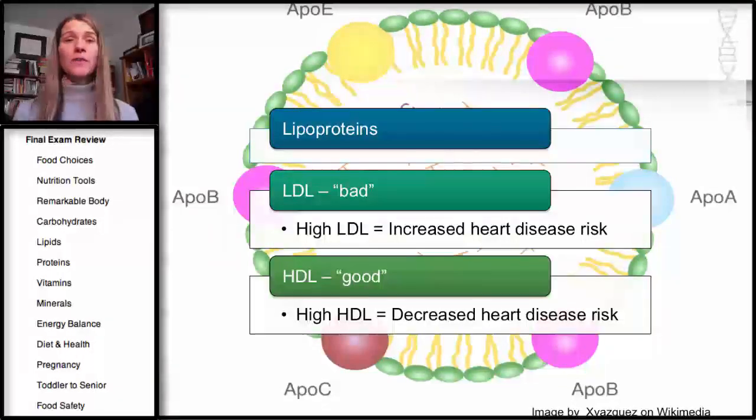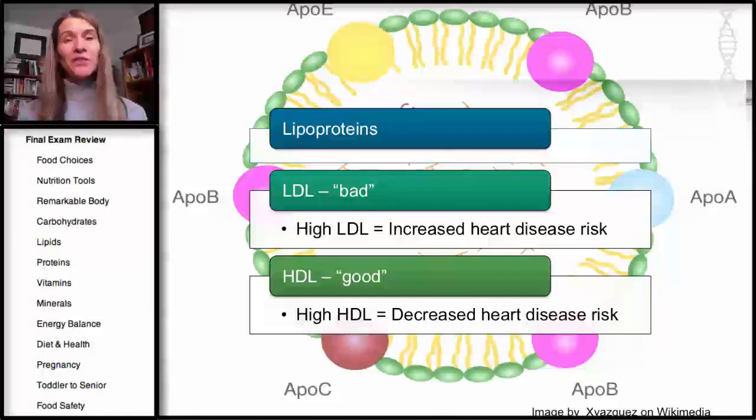We're going to finish up with talking about lipoproteins. Remember that LDL and HDL are known as cholesterol, but they're not actually cholesterol. They are lipoproteins. I still want you to know that LDL is known as the bad cholesterol, while HDL is known as the good cholesterol.